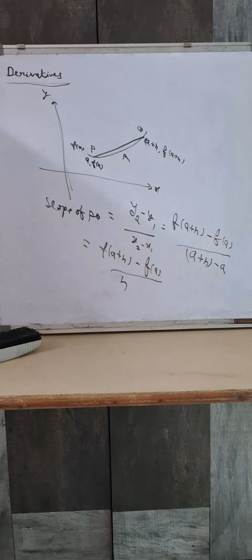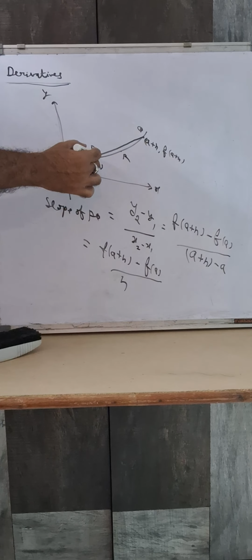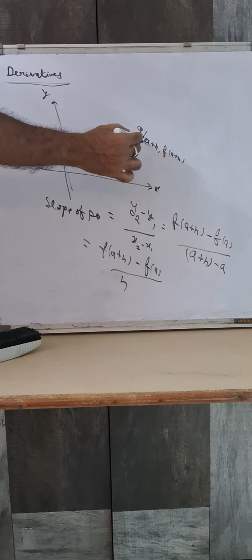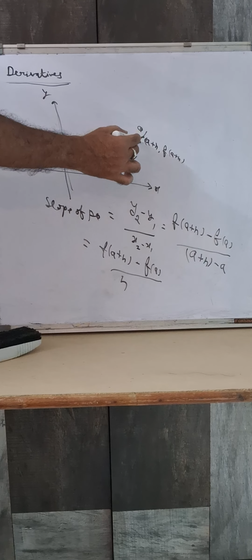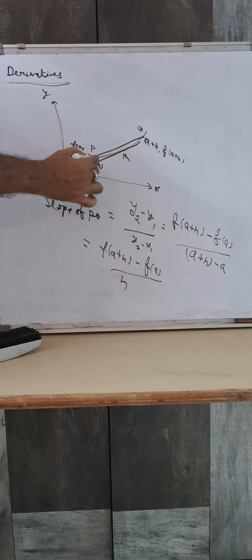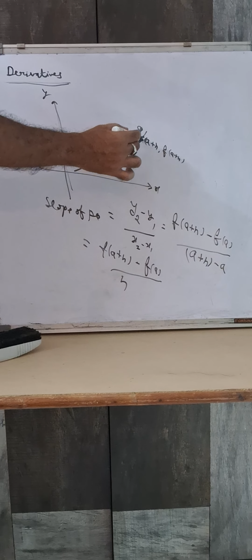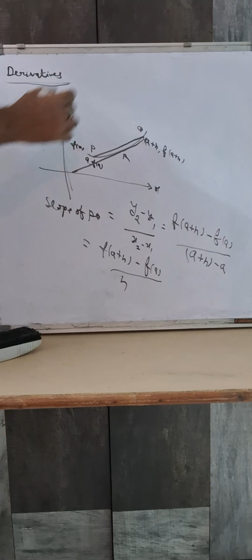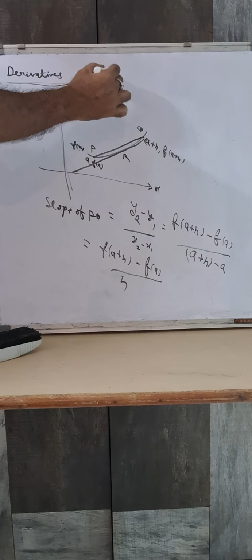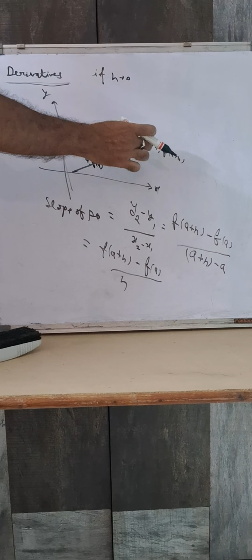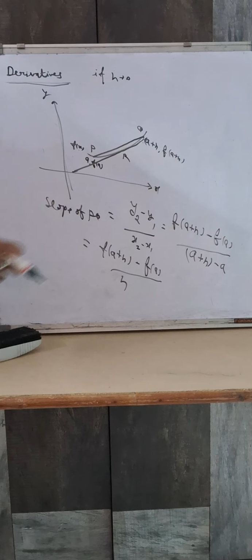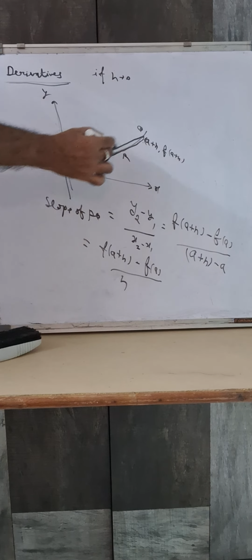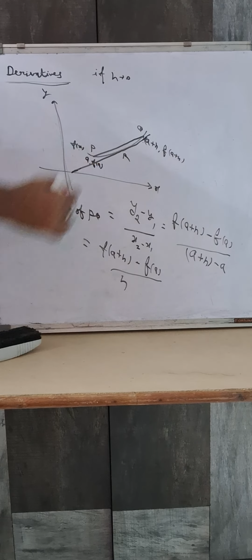If both points meet each other, this chord will become the tangent. If h tends to 0, both points will coincide. So the slope of PQ will now be the slope of this tangent.